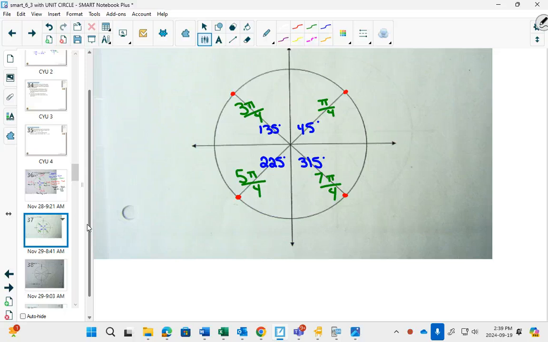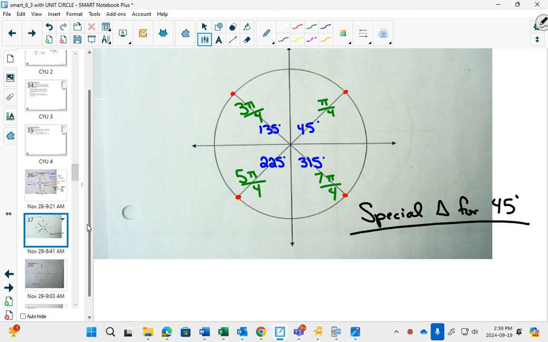So to do this, I'm going to introduce a special triangle for 45 degrees. Because to label the coordinates, I need sine of 45 degrees and cos of 45 degrees.